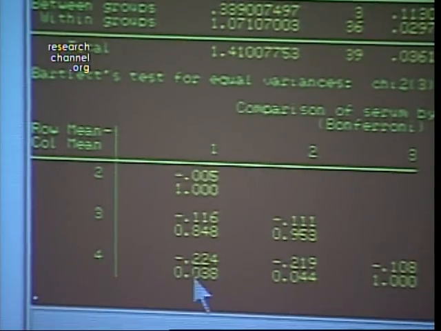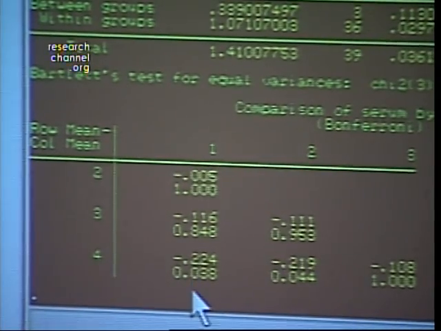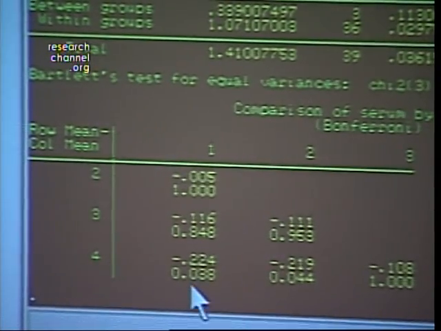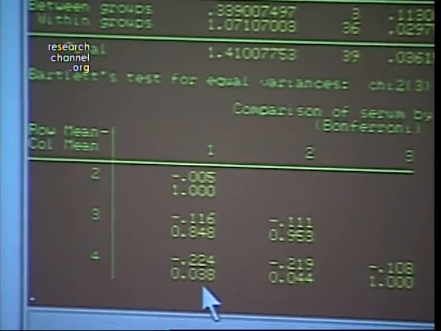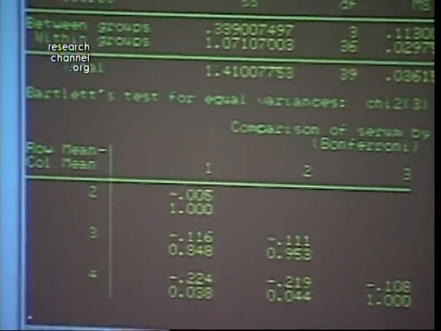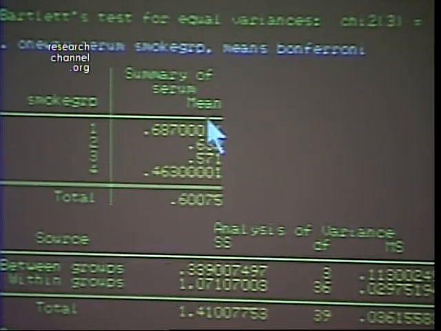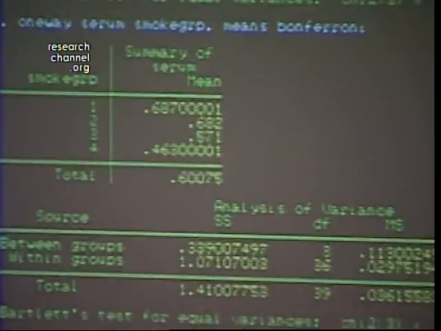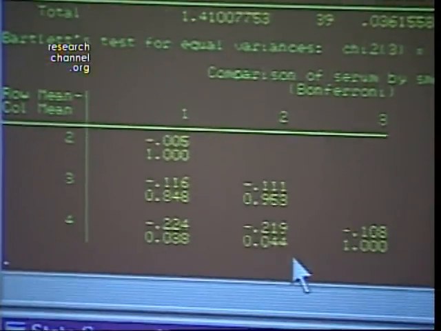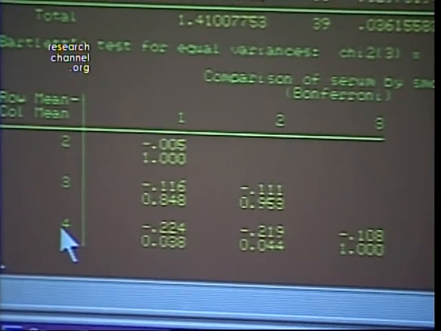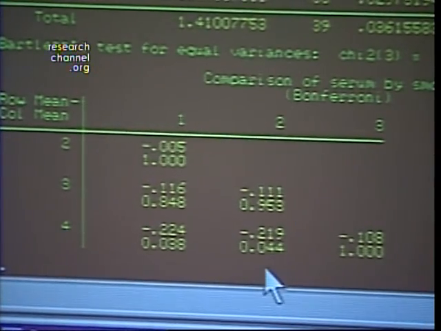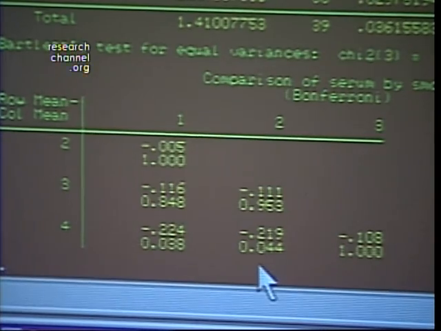And the corrected p-value, adjusting for multiple comparisons, is the p-value of 0.038. So we'd say there are statistically significant differences between non-smokers and heavy smokers. As well, the only other statistically significant p-value compares heavy smokers to group 2. Group 2 was former smokers.